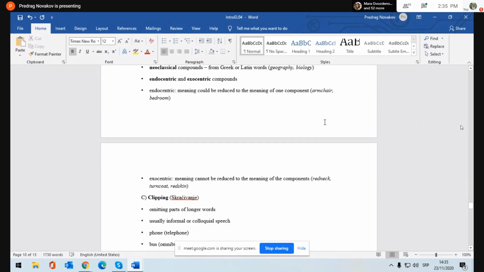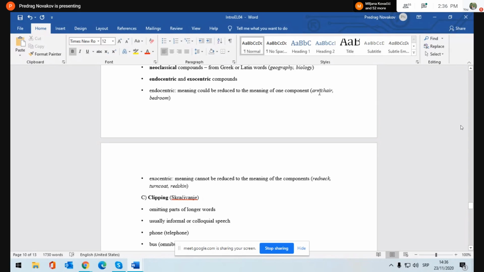Okay, let's try to find some logic in it. If something is endo and something is exo, exo actually means what? Endo means, yes, exactly. Endo means inside. Exo means outside. Yes. So you should try to find some logic in it. Okay. So simply endocentric meanings could be reduced to the meaning of one component, which means inside.